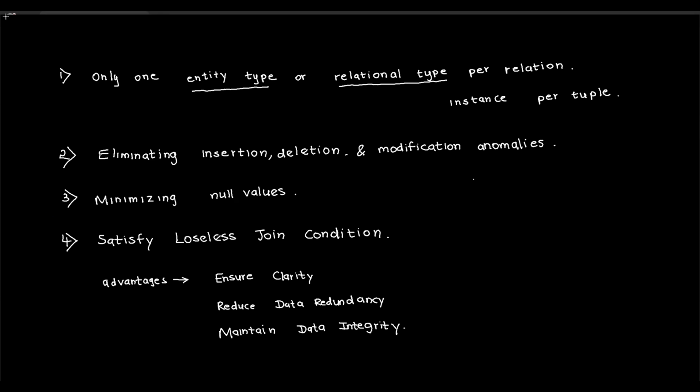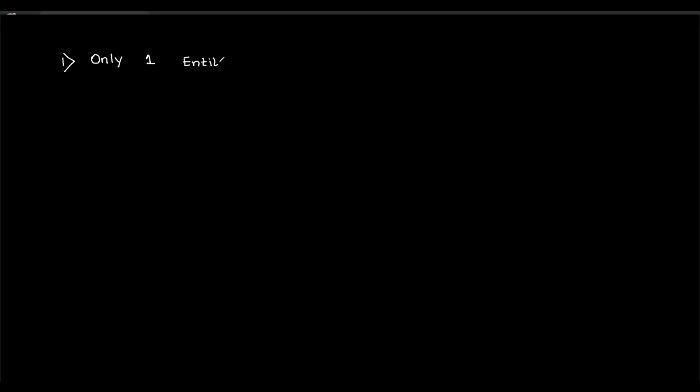So let's look at the first guideline. The first guideline says only one entity type or relationship type per relation, or we can say we can only have one entity type or relationship type instance per tuple.